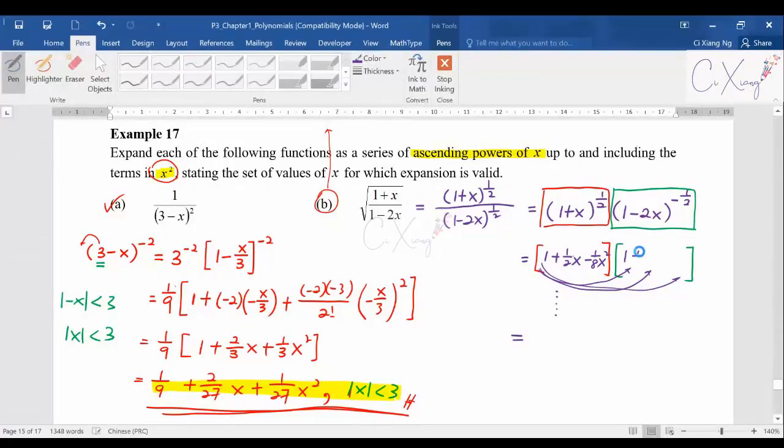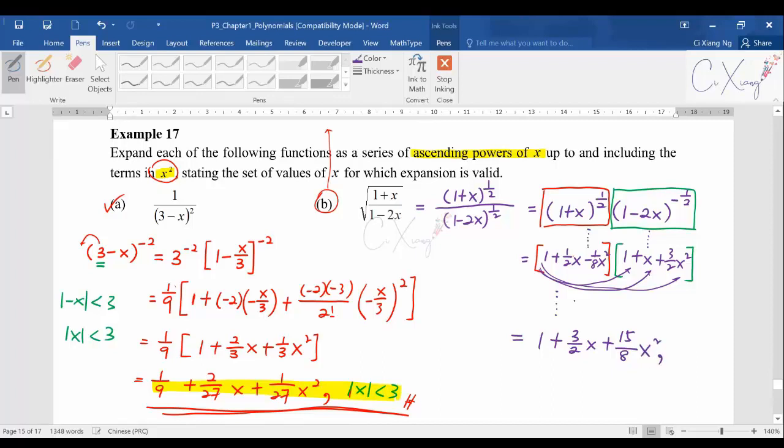Then the second term is 1 plus x plus 3 over 2x squared. This one I put dot, you have to complete it yourself. Then after you expand and multiply everything together, the correct final answer should be 1 plus 3 over 2x plus 15 over 8x squared.